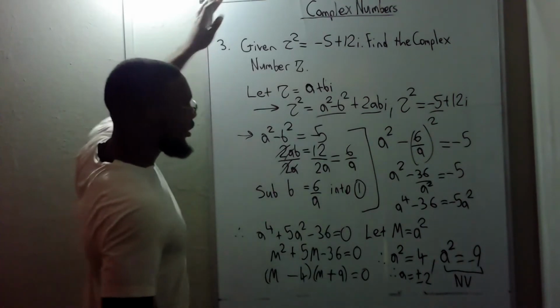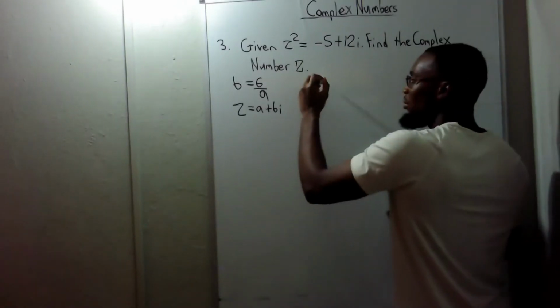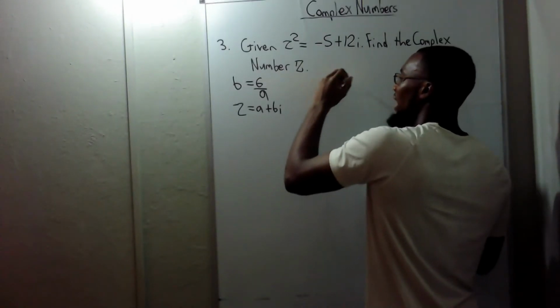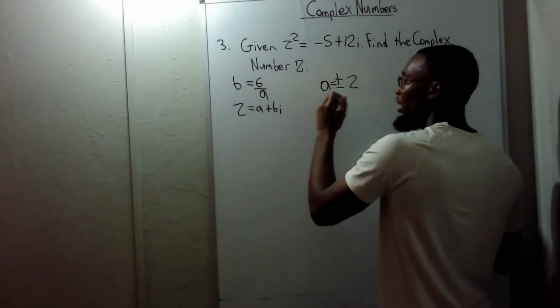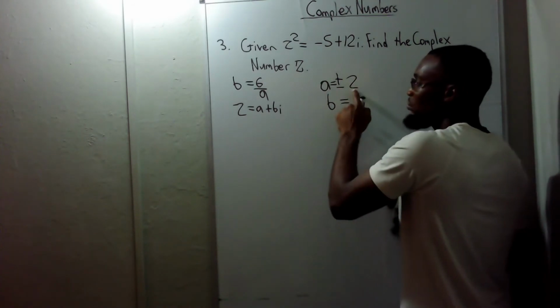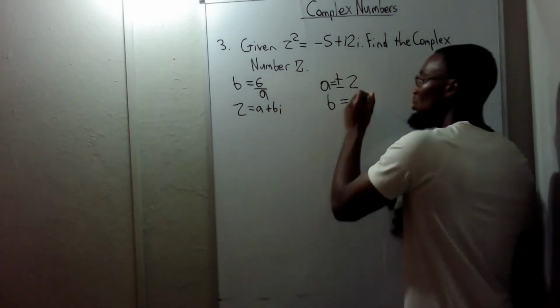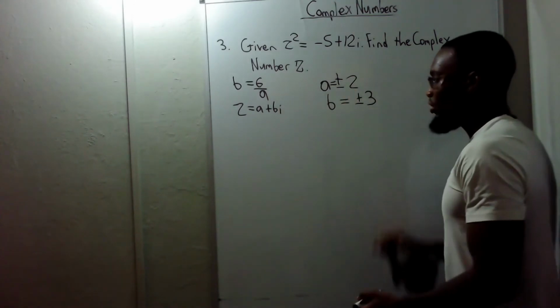So we're going to clear this off and continue. Remember a is plus or minus 2, but b is 6 over a. When a is positive 2, b is 6 over 2, which is 3. When a is minus 2, b is minus 3.